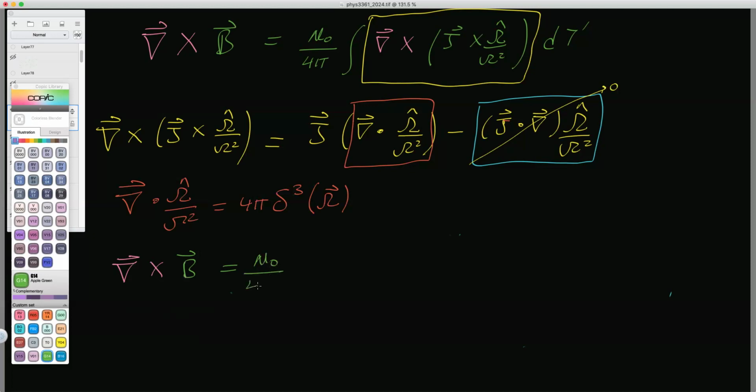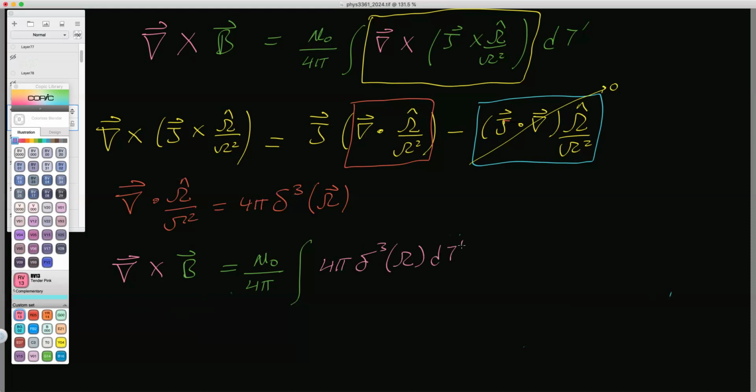Okay, mu 0 over 4 pi. And then now we have the integral over a volume. And then this del cross stuff is just del dot omega hat over omega squared. Well, how about if I just replace that with our delta function, 4 pi delta cubed of omega, d tau.